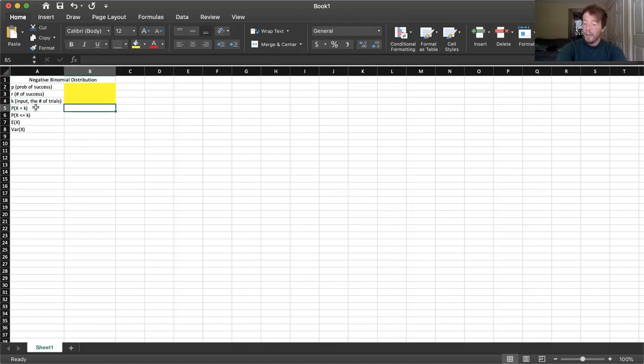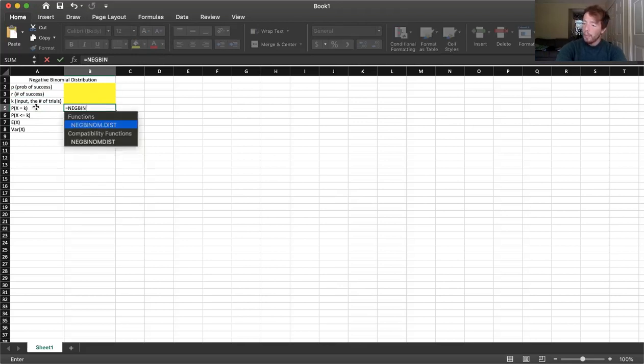So for the probability of X equals K, we want to use this function called neg_binom.dist, so negative binomial dot dist. Just like the norm.s.dist, now we have neg_binom.dist.